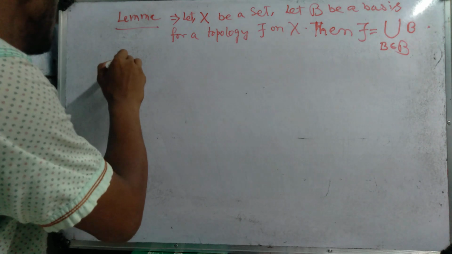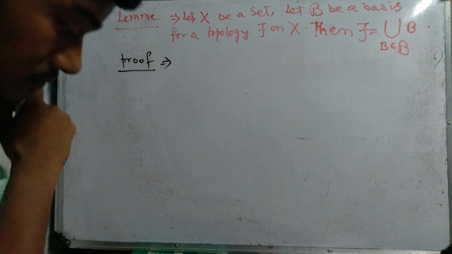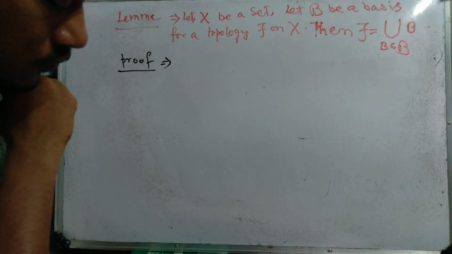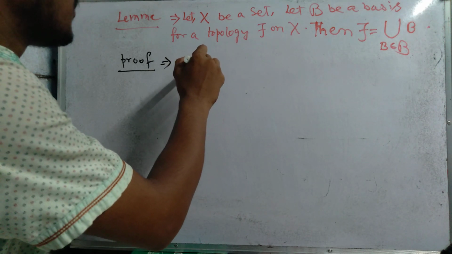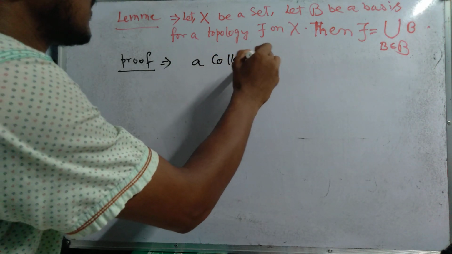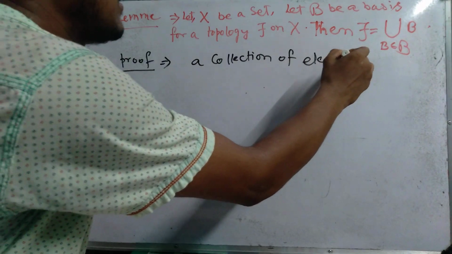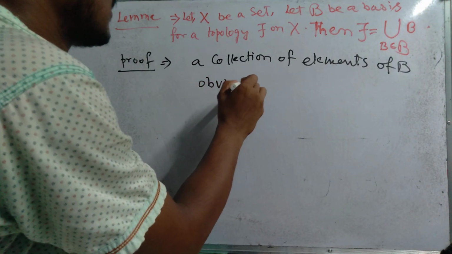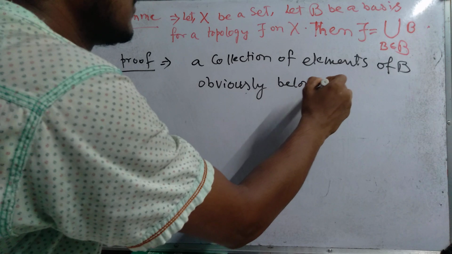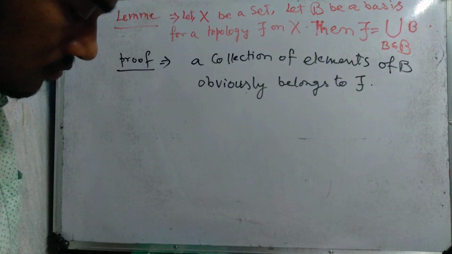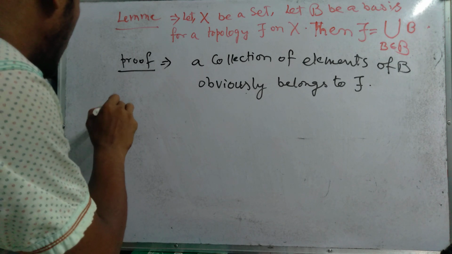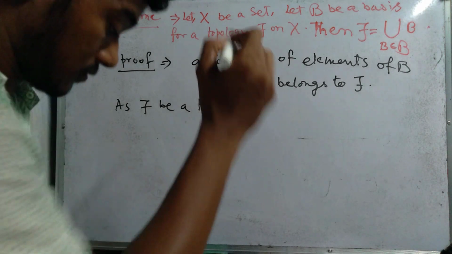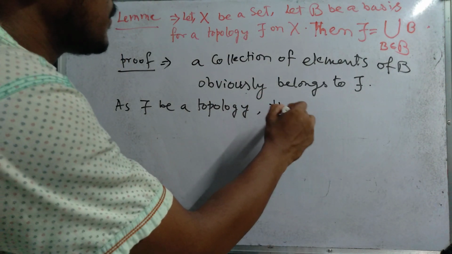Now we start the proof. A collection of elements of B also belongs to tau. We know that a collection of elements of B obviously belongs to tau. As tau is a topology, then their union belongs to tau.